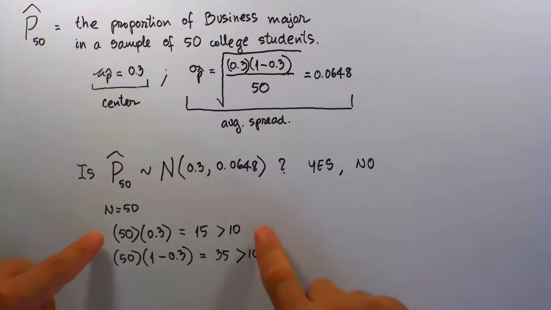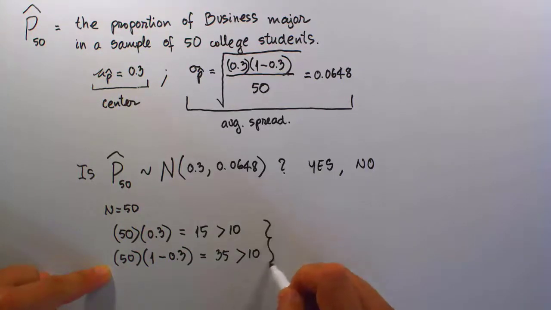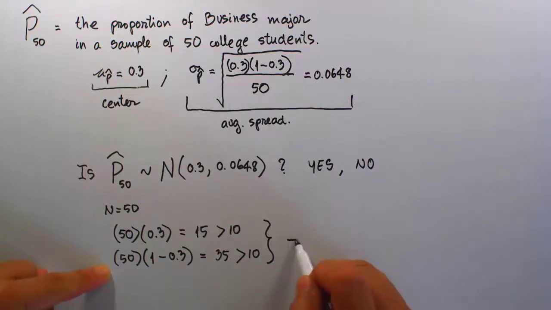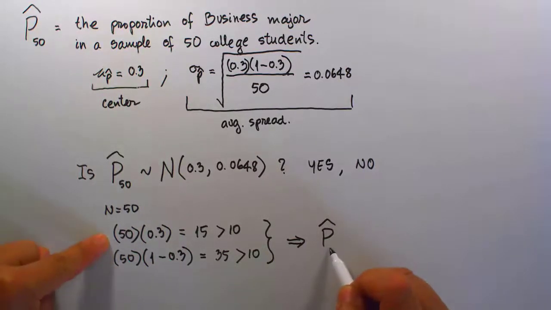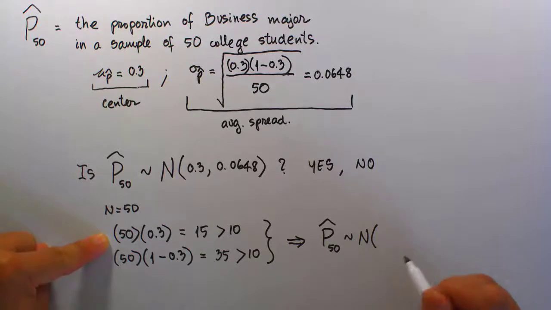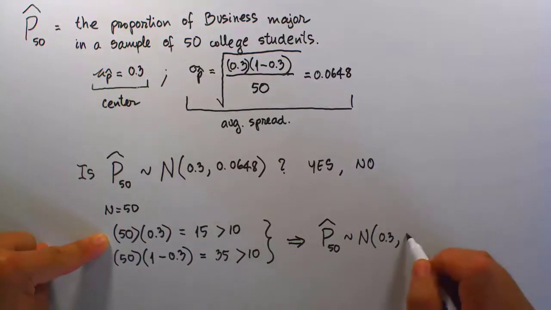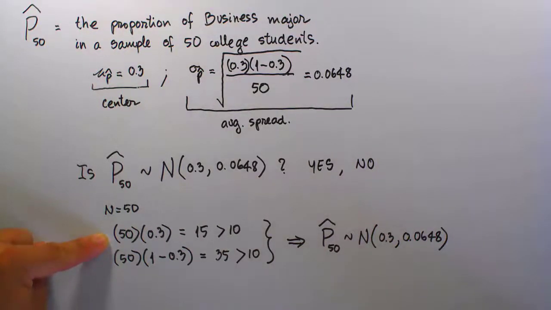So now, as long as we have these two requirements about the sample size passed, the requirements indicated in the central limit theorem, from these two together we can conclude that our sampling distribution at this current sample size 50, capital P hat 50, will be on a bell curve normal distribution with center at 0.3, calculated previously, and average spreading 0.0648.